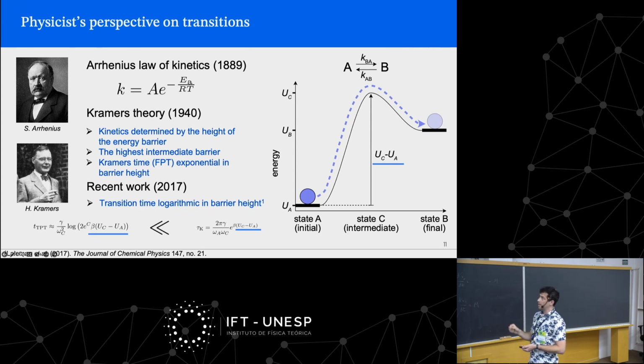But once the particle commits to the transition, this is the transition path time. It's really the time it takes to go from the well on the left to the well on the right, for example. This transition path time doesn't scale like the Kramers time. I said before, this one scales exponentially in the barrier height. This one scales logarithmically in it. So it's much smaller.